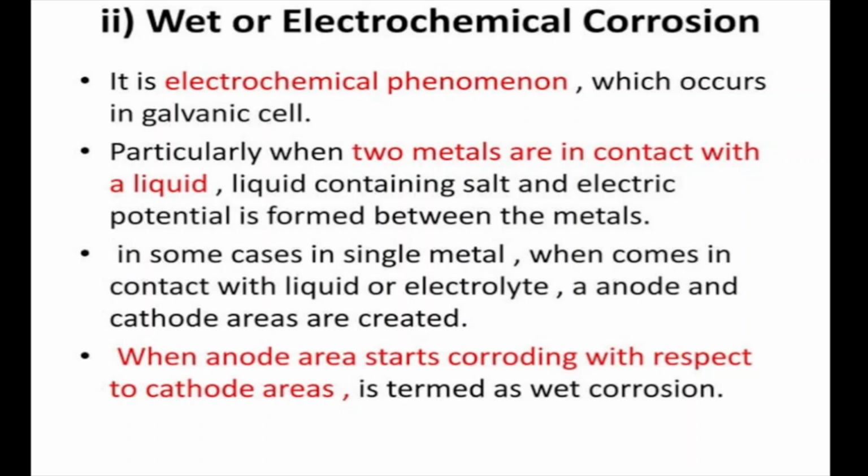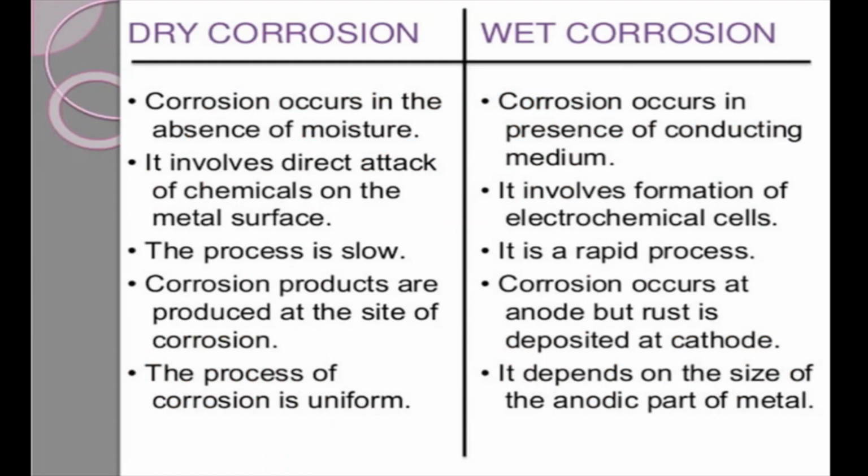In some cases, in single metals, when in contact with liquid or electrolyte, anode and cathode areas are created. When the anode areas start corroding with respect to the cathode areas, it is considered wet corrosion. It is a very common phenomenon, specifically for a region or country like ours, where it is hot and humid mostly throughout the year.